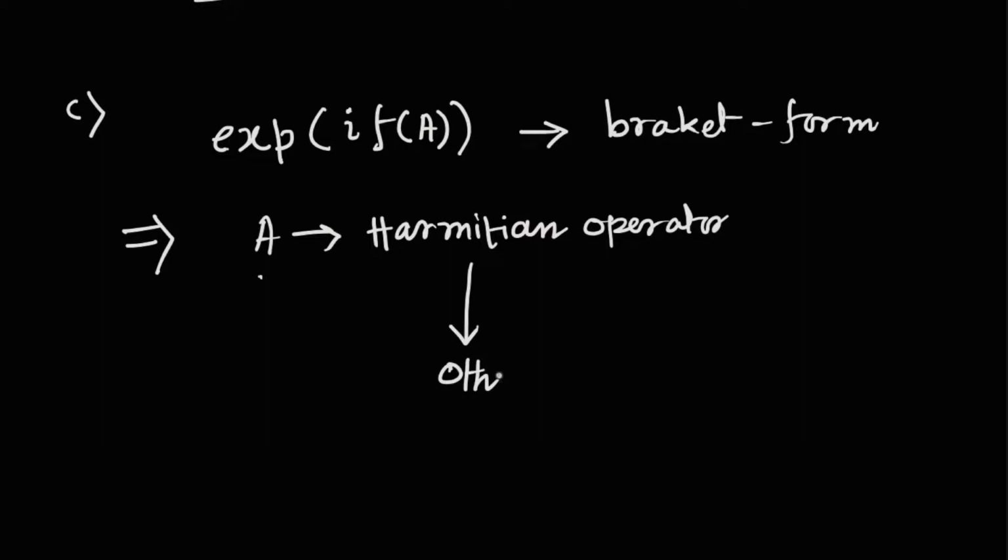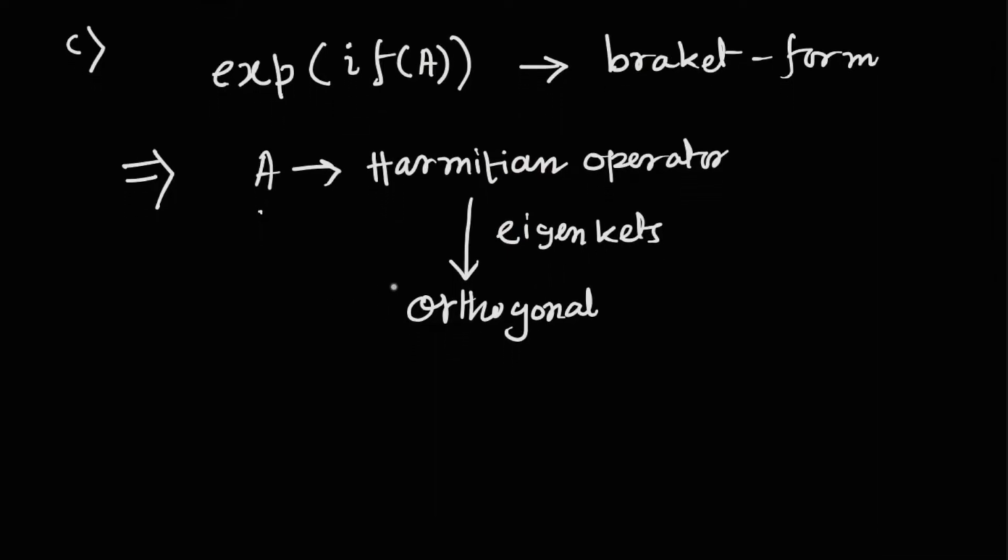All eigenkets are orthogonal. Now we can make these orthogonal eigenkets orthonormal also.